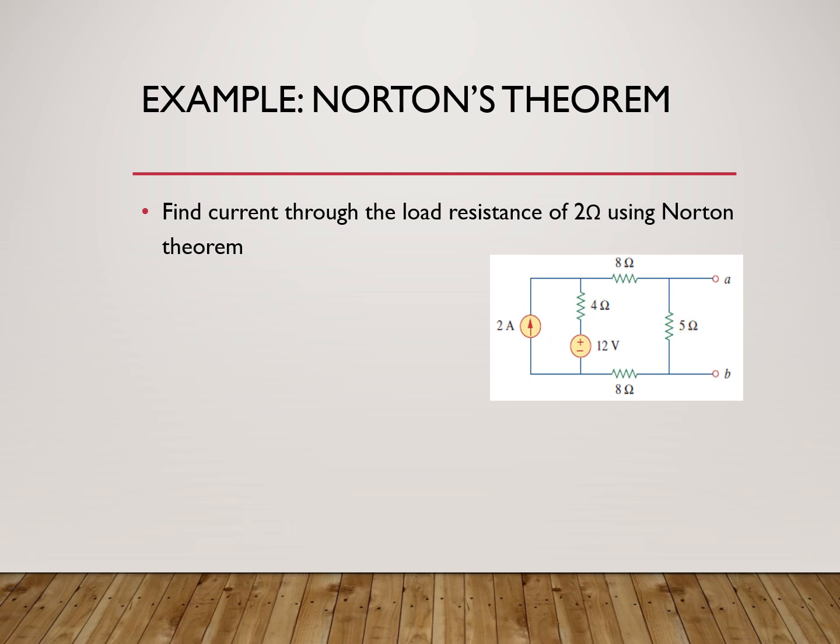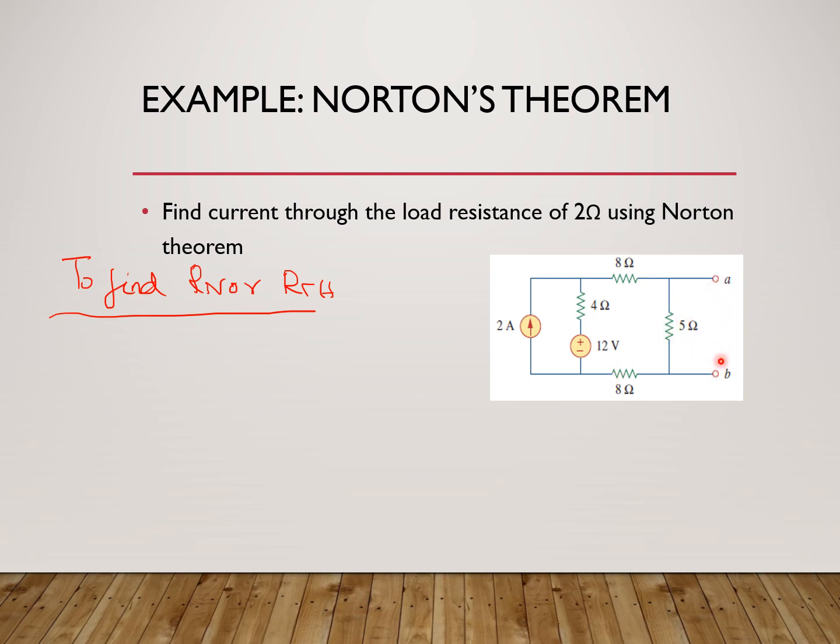So first, let us find the Norton's resistance, or Rn. We know that Rn is the same as Rth. To find Rn or Rth, both are the same, we first remove the load resistance. Here there's no load resistance anyway.